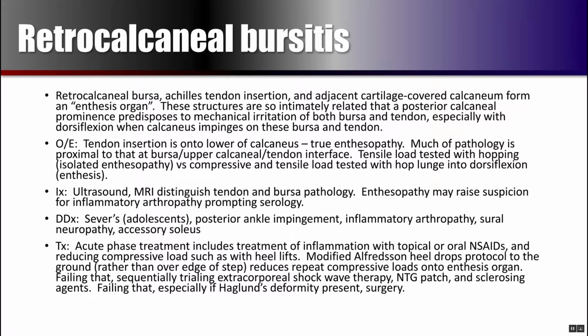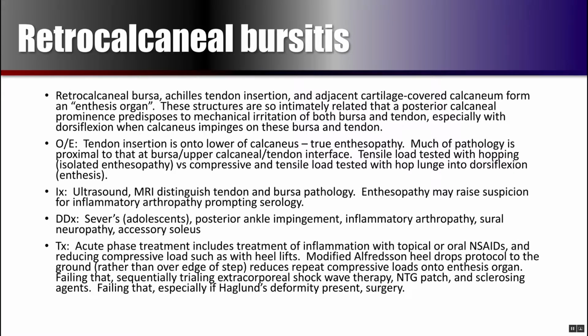So on exam, the tendon inserts onto the lower aspect of the calcaneus, and that's where true enthesopathy would be. However, much of the pathology is more proximal to that, where the bursa, upper calcaneus, and tendon interface.